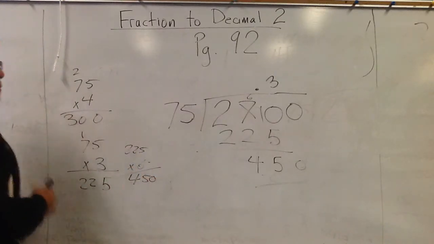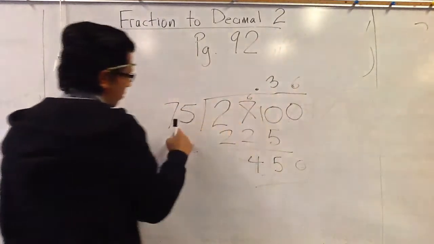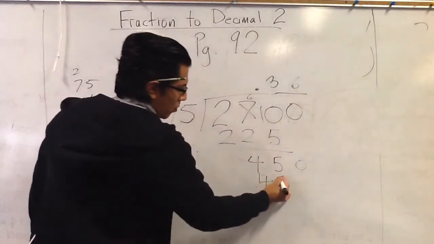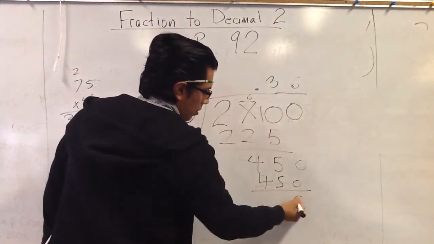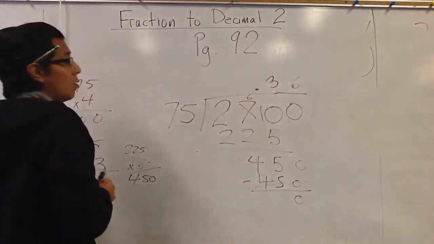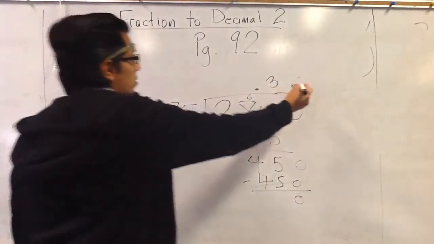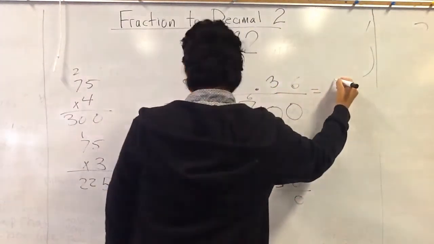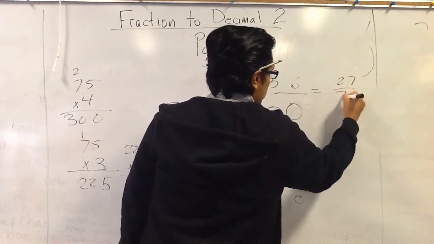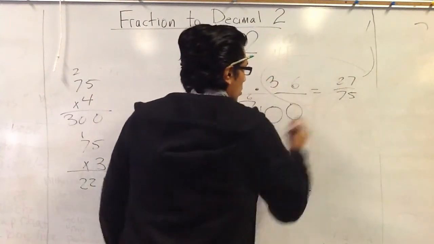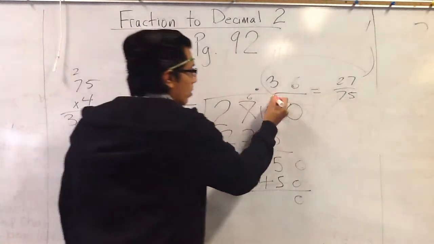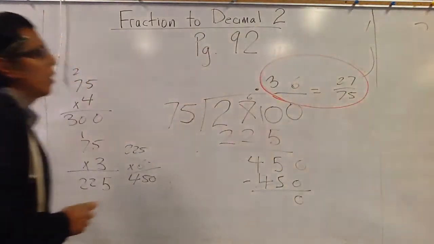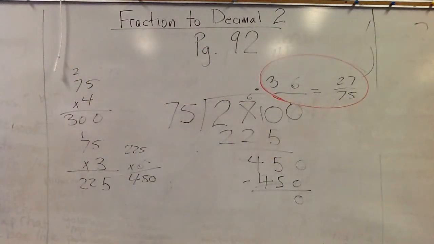Sorry. So 6 times 75 is 450. So 36 hundredths is the same as 27/75. Let me circle that. Both of those express the same thing.